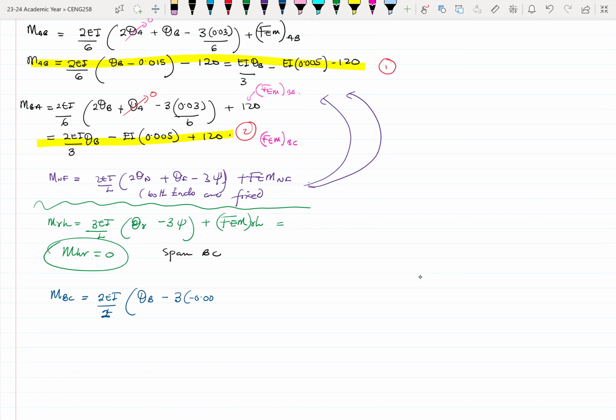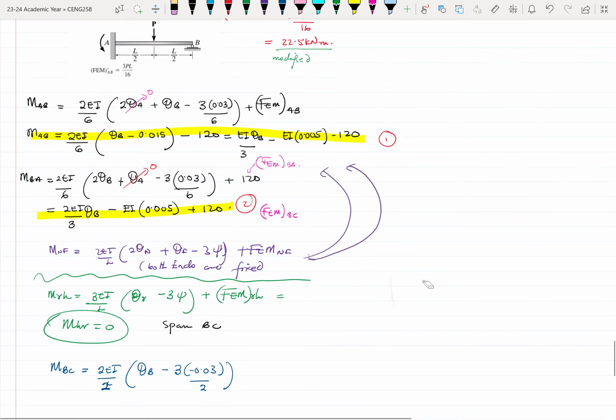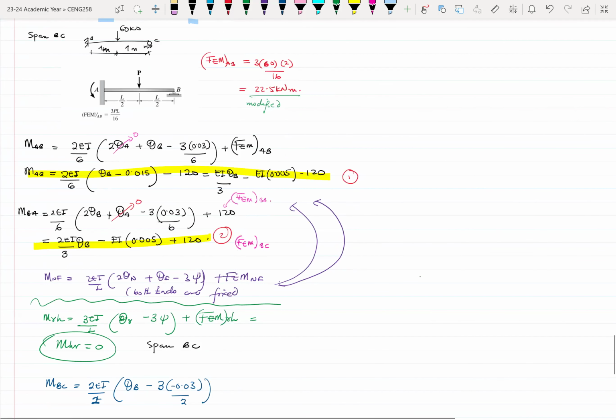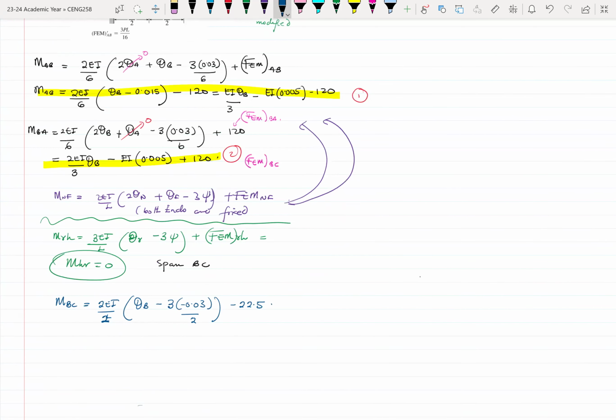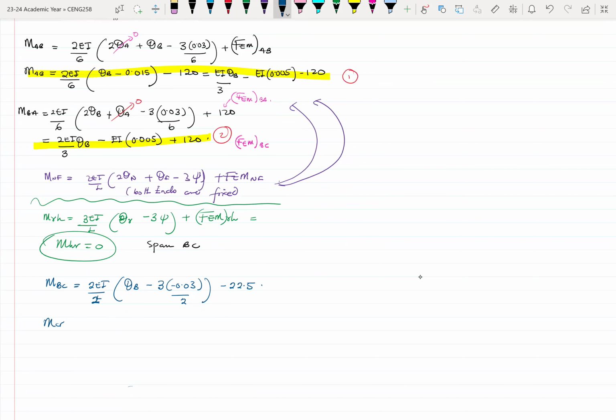I think it is 0.3, not 0.0, because the downward deflection on the left is negative for that particular span. Plus the modified fixed end moment, 22.5, and since it is counterclockwise, it becomes minus 22.5. Our MCB is 0, so there's no need to put any equation there.